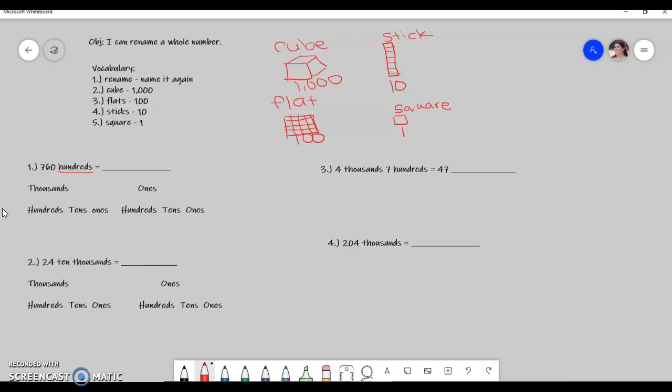If I have 760 hundreds, then I know that hundreds has 2 zeros after it. So then that's my 2 zeros. Then I'm going to put 760 right in front of it. There's the 0, there's the 6, and there's the 7.